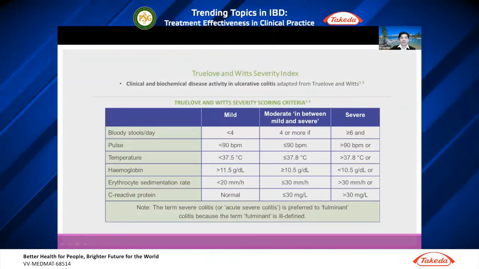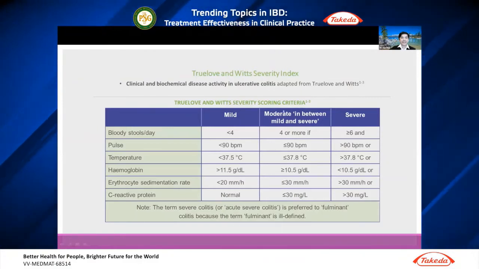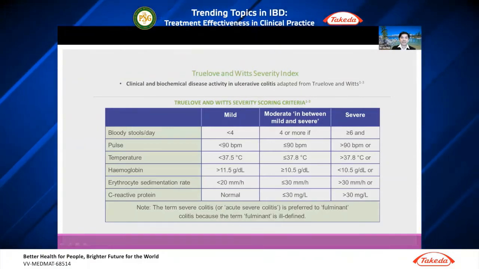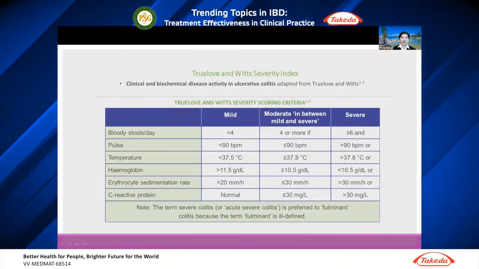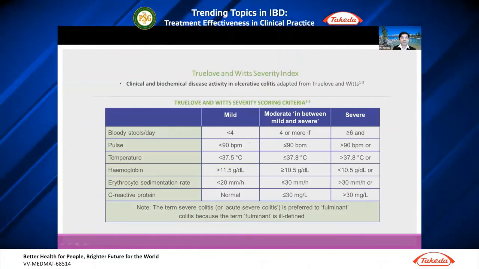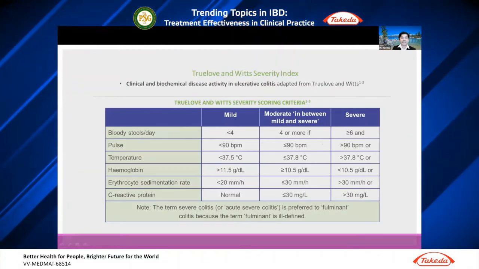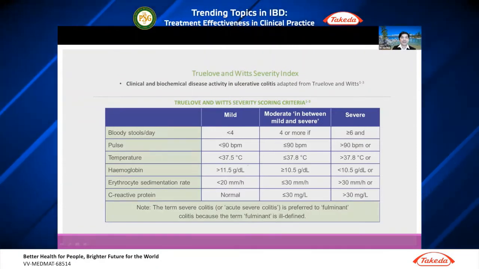Okay, and we have the Truelove and Witts Severity Index. What is actually interesting is that this was formulated way back in 1955 by Dr. Truelove and Witts, and it has been modified with time. And the good thing about this one is it combines clinical findings, physical examination findings, and also lab findings.